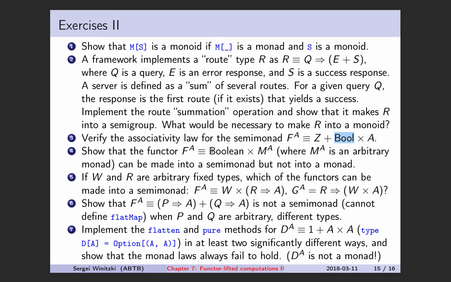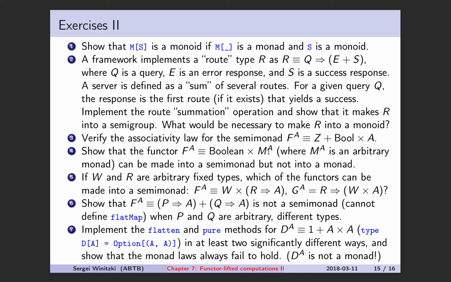The next exercise is to show that this can be a semimonad but not a monad. Now notice this is actually equivalent to a disjunction of M A and M A, because Boolean is just two values, and so you can expand brackets and you get a disjunction.